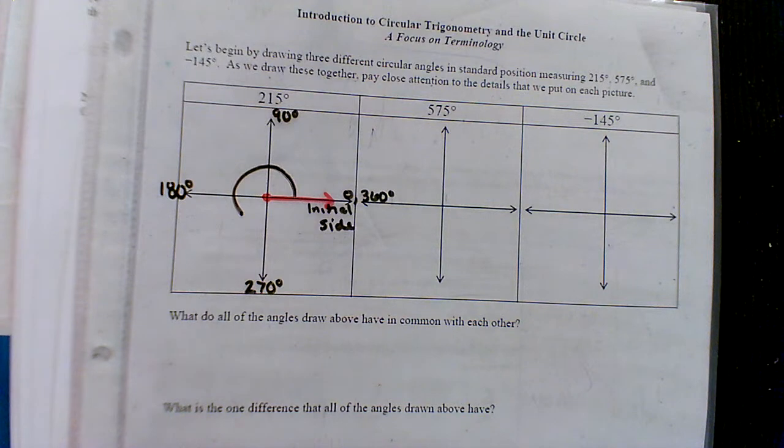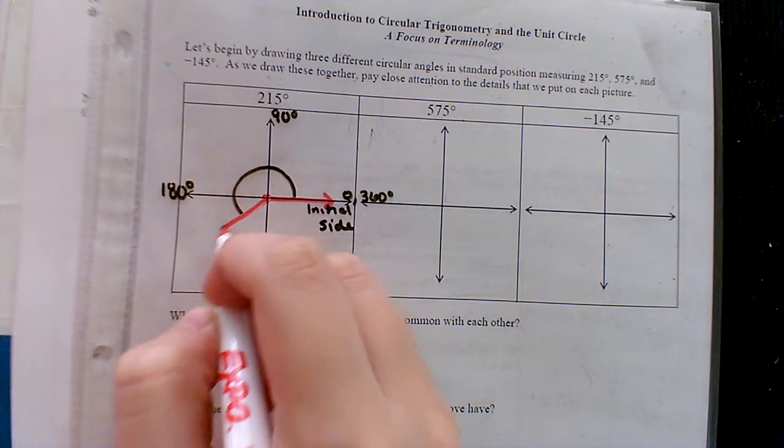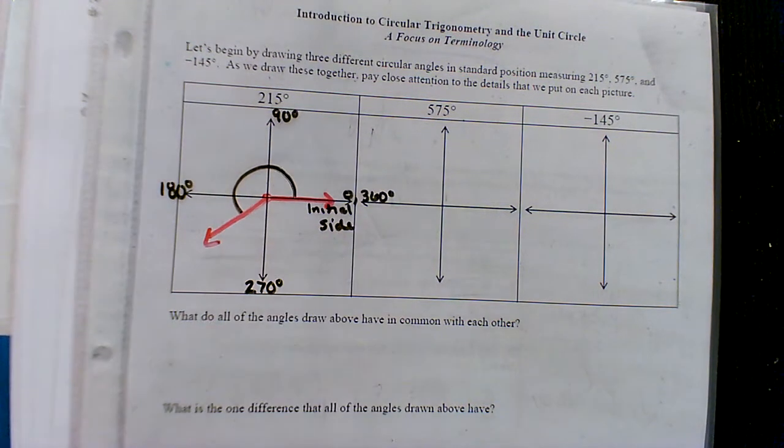So Rebecca said somewhere kind of in quadrant 3, between 180 and 270. Whenever you stop your pen, we're going to create another ray from the origin that touches that arc or angle that you drew.